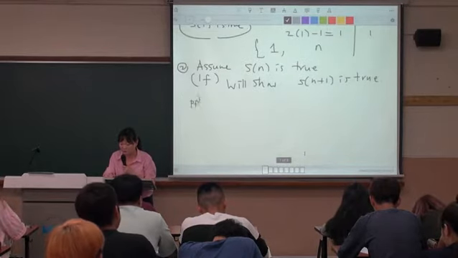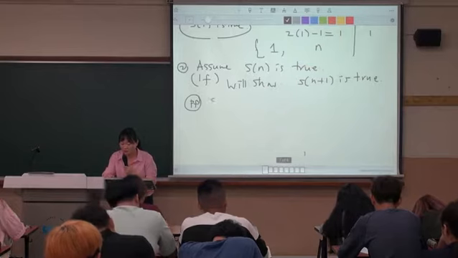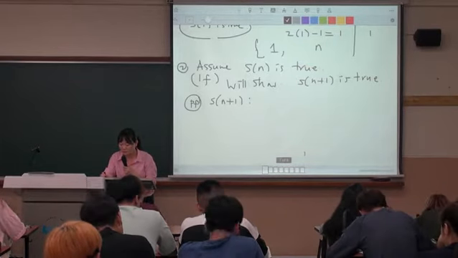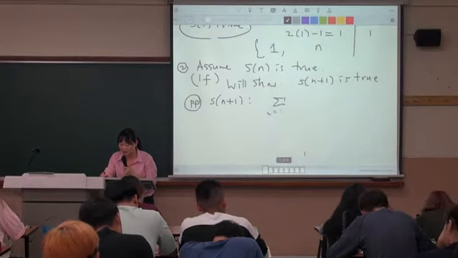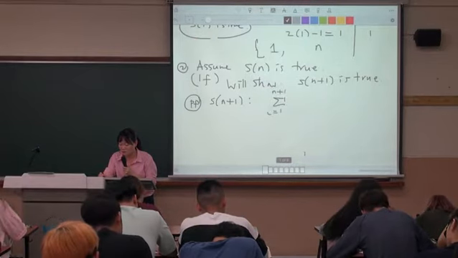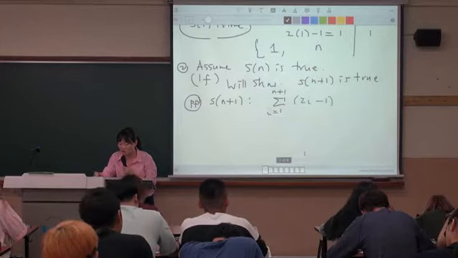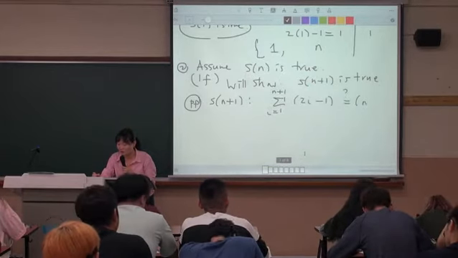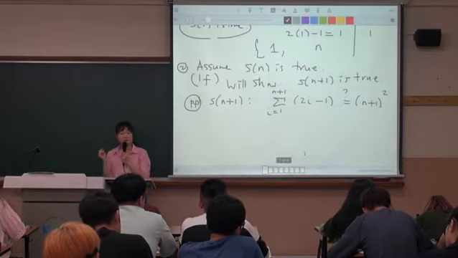So proof for this, what is S of n plus 1? Summation i from 1 to n plus 1, 2i minus 1. Is this equal to n plus 1 squared? That's the question, right?